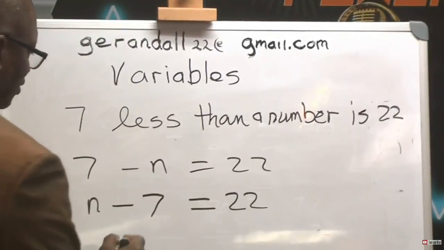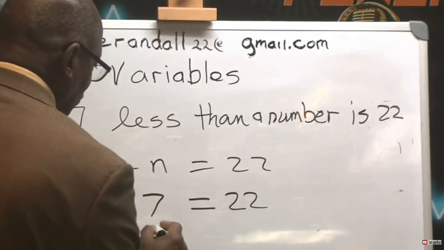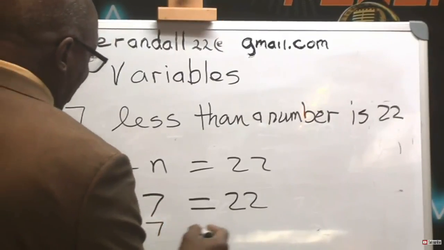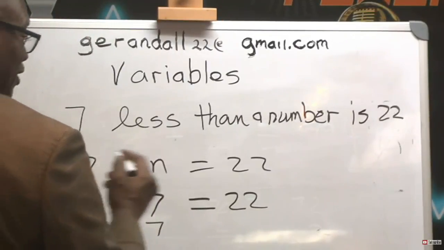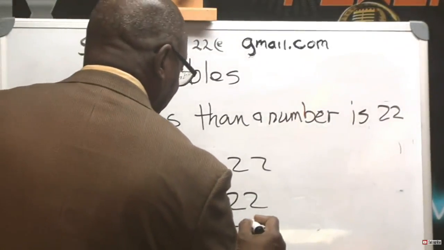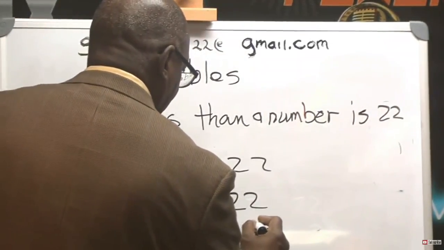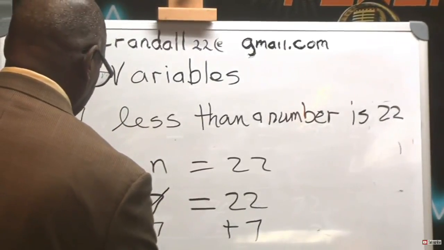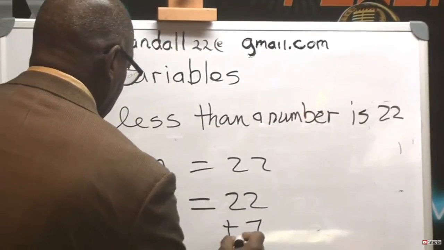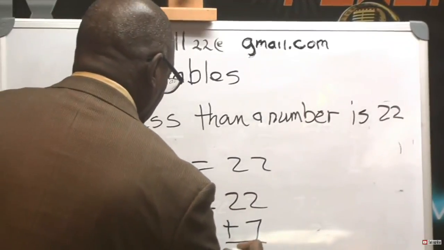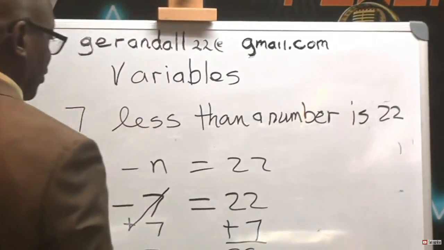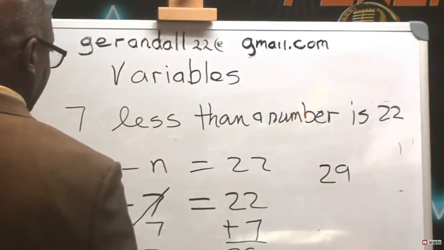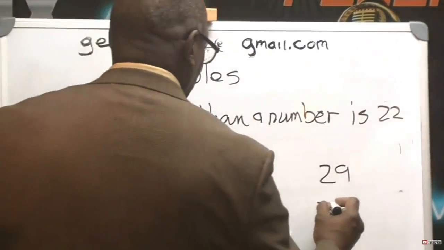And guess what? Real quick, we'll solve this one-stepper. How do you undo subtraction? You add. Whatever you do to one side, you must do to the other. This cancels. Then you have n, and over here, 29. Check that real quick. 29, which is what we put in for the value of n, subtract 7.